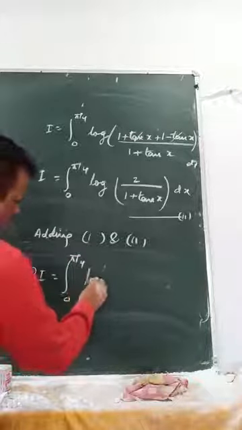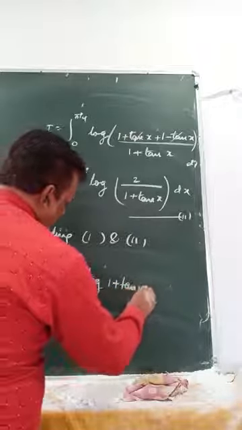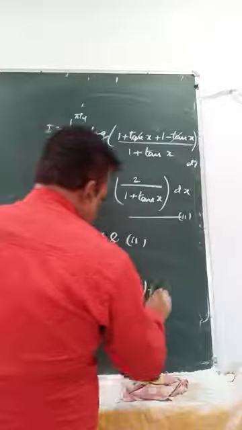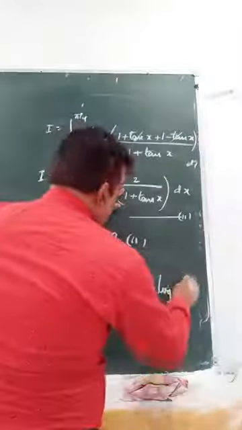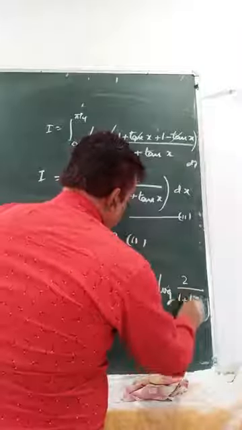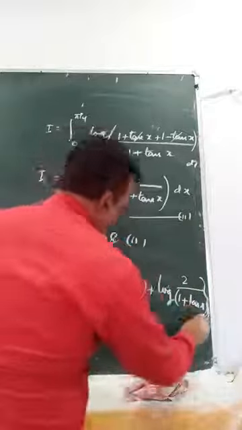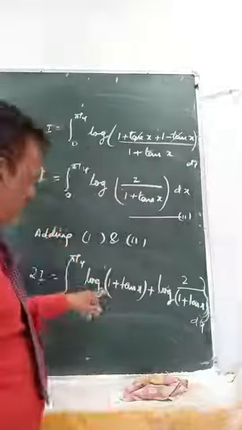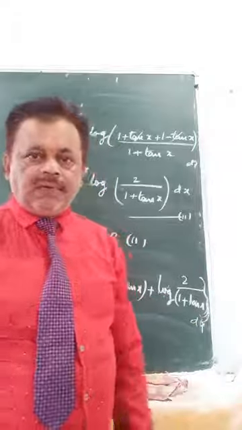First one is log 1 plus tan x plus second one is log 2 by 1 plus tan x dx. Okay, this is what? Log a plus log b is log a into b.